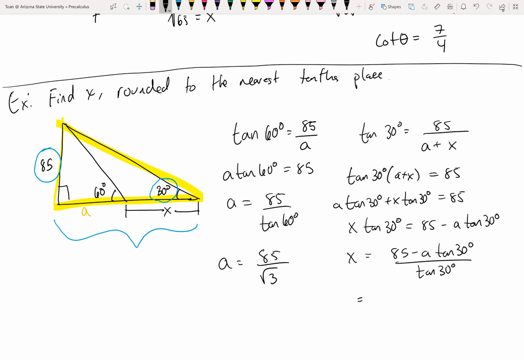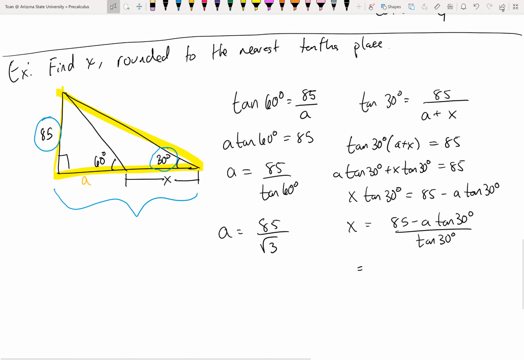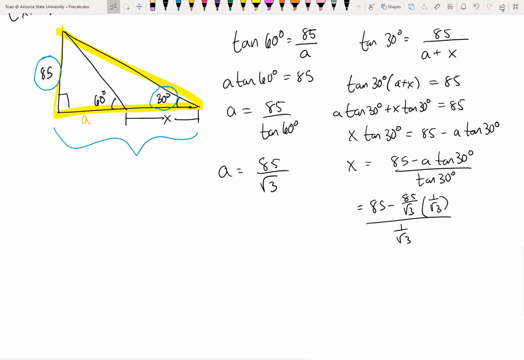And then you can go ahead and plug in all the variables and all the special trig ratios. So 85 minus, we said a was 85 over radical 3. Tangent of 30, just knowing my special trig values because I'm a good trig student, is 1 over radical 3 over 1 over radical 3. Right. And then it's just doing simplification.